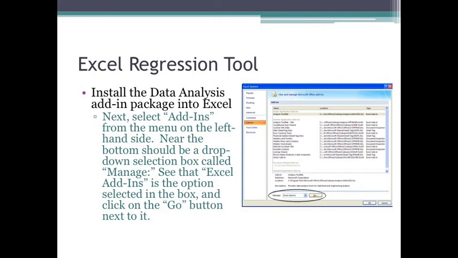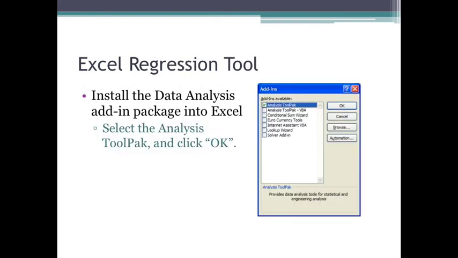You click on Go, and that takes you to the various add-ins that you can add into Excel. Once the options with regard to add-ins come up, you select the data analysis add-in package and put that in Excel, select the analysis toolpack and click OK. After this, the data analysis toolpack should be available.